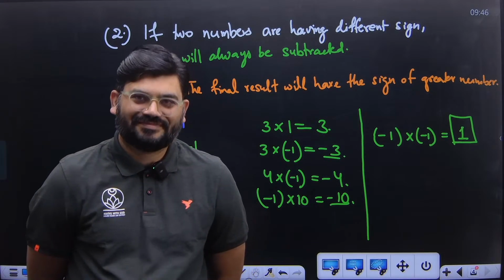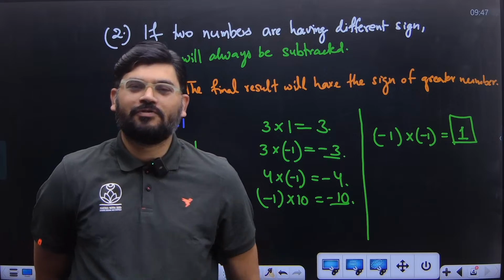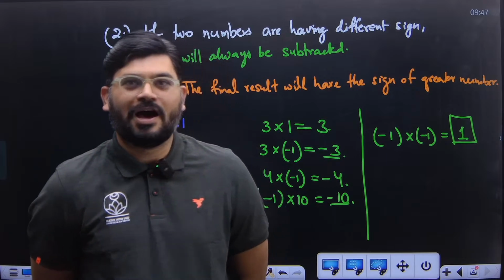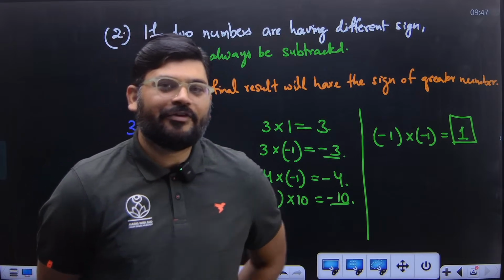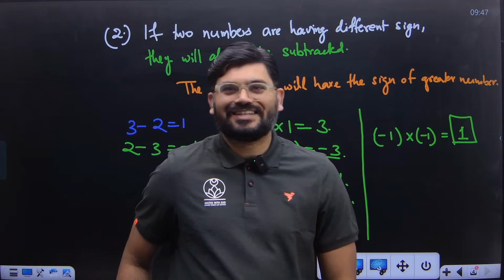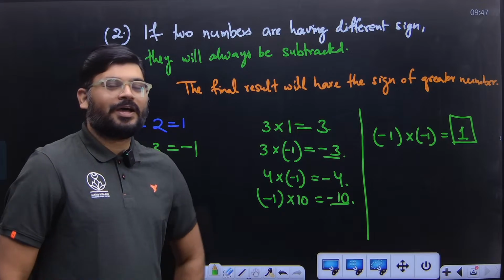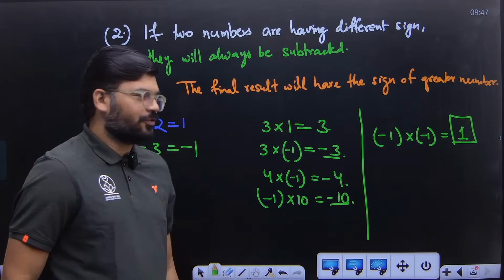How? I will tell you. Wonderful question. You are the first one who is asking me this question. Or else everybody say understood, even if they don't understand. Okay, so negative 1 into negative 1 is 1. The question is how? I will show you.